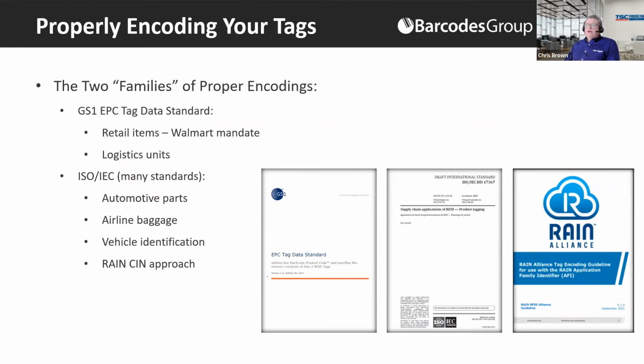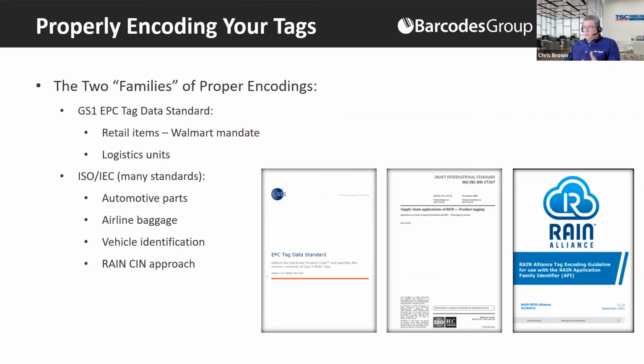The other big family of proper encodings is the ISO IEC. It's really a group of many different standards. So they have a specific standard for example, automotive parts. They have another one for airline baggage, another one for vehicle identification.